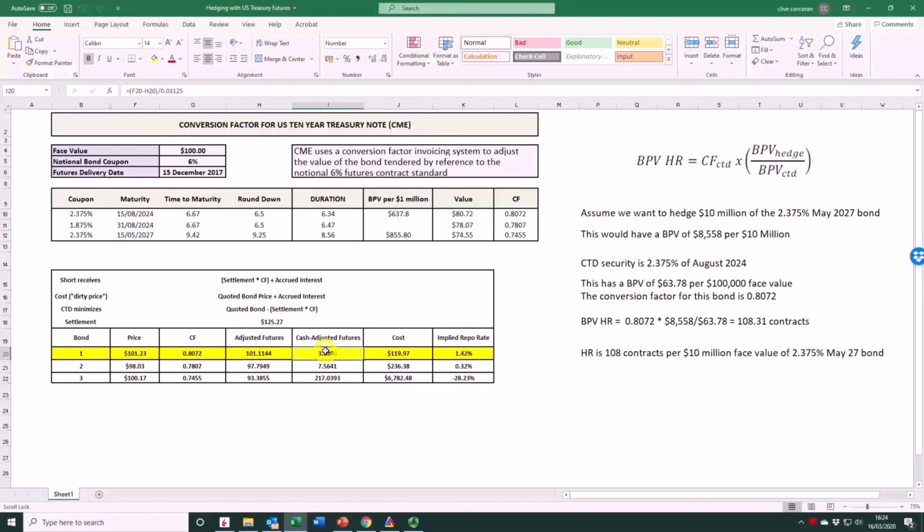So I've actually done that here, where I've essentially subtracted this bond from the adjusted futures bond, and I've also turned that into 32nds by dividing by this amount here. So for each of these three particular bonds, I've done the same thing.